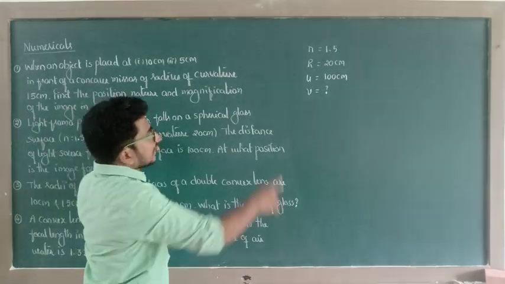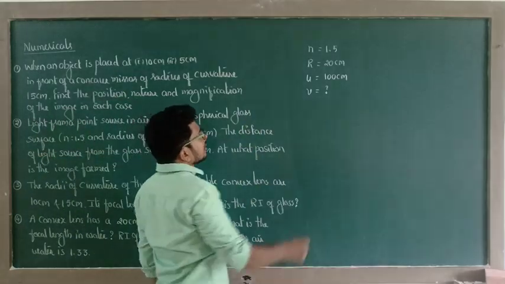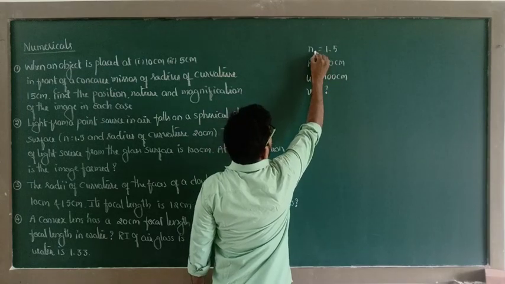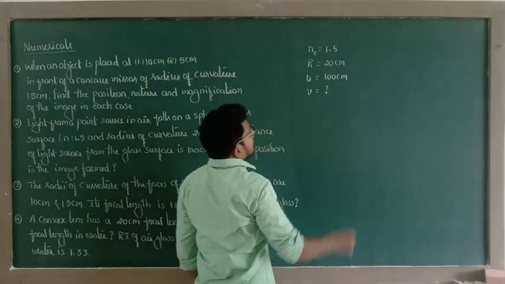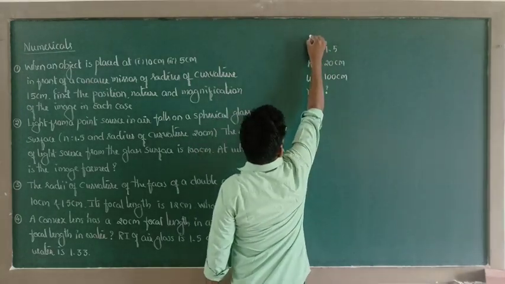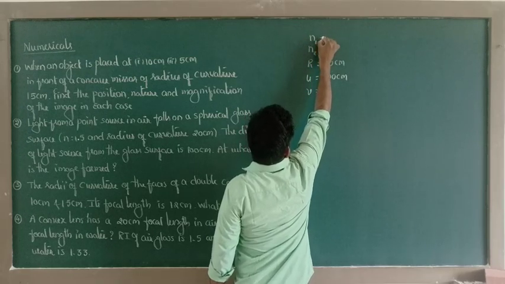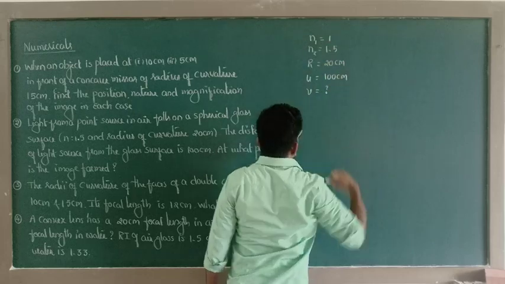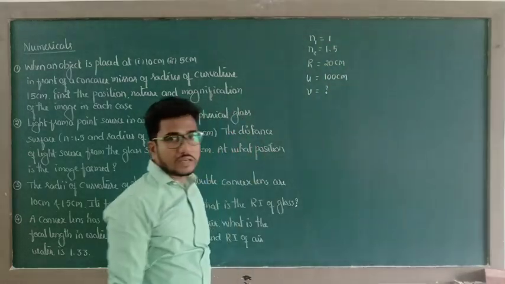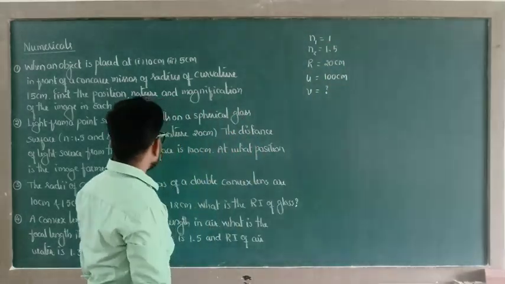Therefore this n is equal to 1.5 is refractive index of second medium. Then refractive index of first medium n1 is equal to 1. Refractive index of air or vacuum is equal to 1.